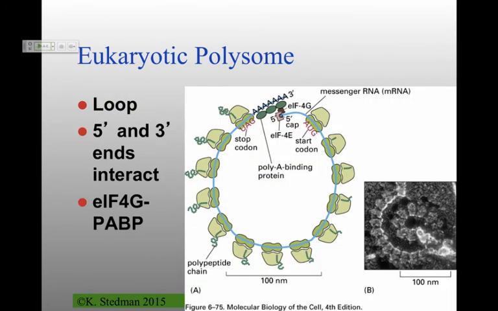So I mentioned already that EIF4G is this sort of connector between EIF4E and the poly A binding protein. And what it does is it makes messenger RNAs in eukaryotes into loops. In fact, this micrograph down here in the corner shows one of these looped structures that forms when you have not just one ribosome, but multiple ribosomes translating one RNA.